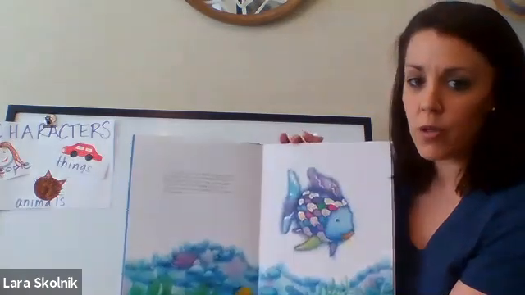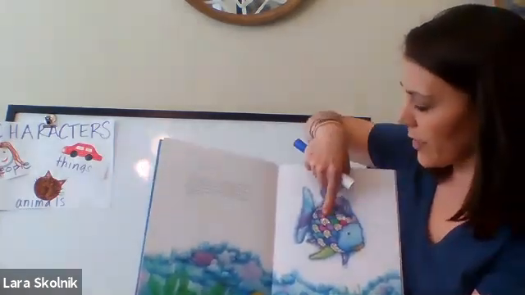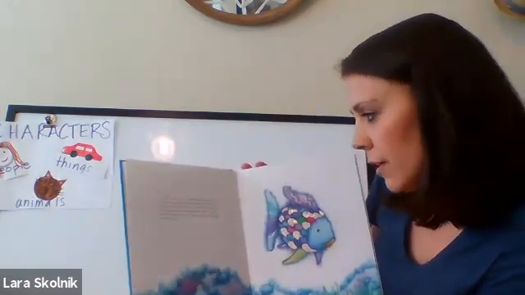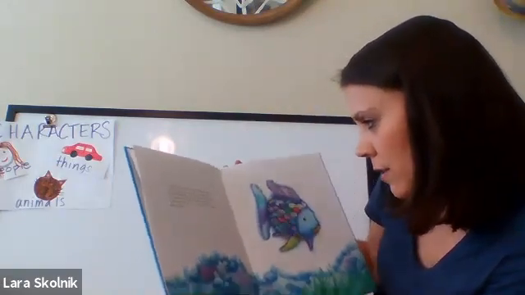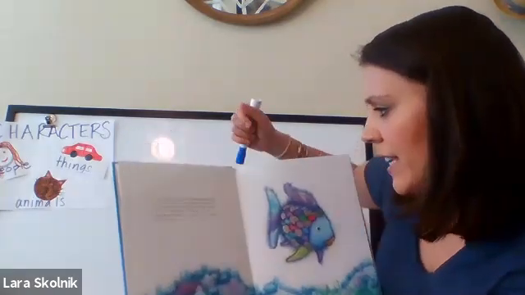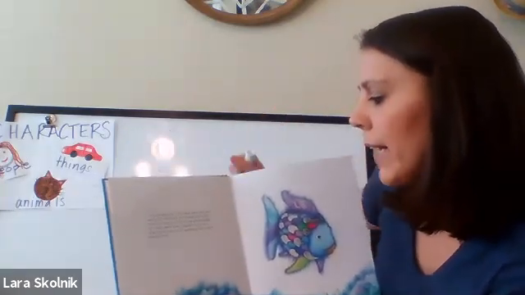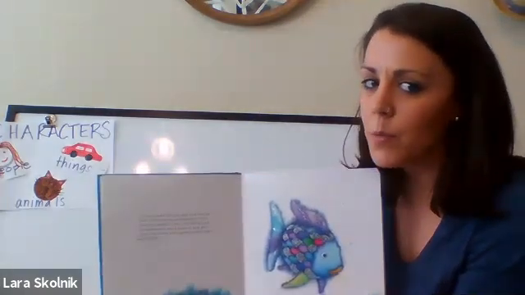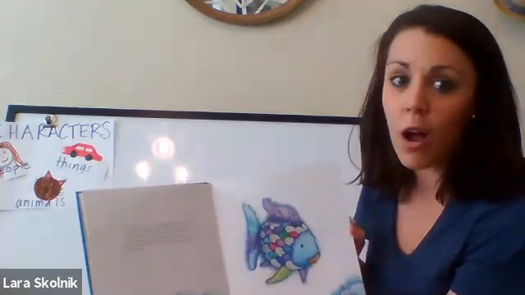On this page, it shows the rainbow fish. It shows that he has all different colors. In the text evidence, it says that he has blue and green and purple and sparkling silver scales. So we're gonna do our best with the colors I have at home to draw that.